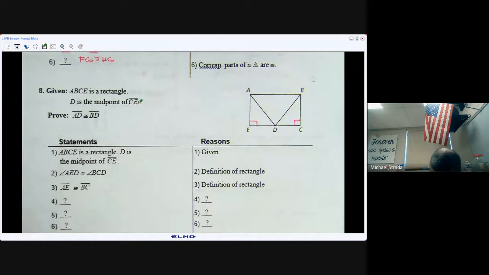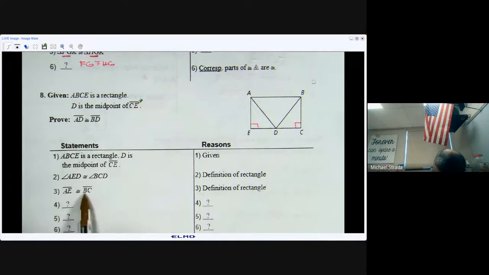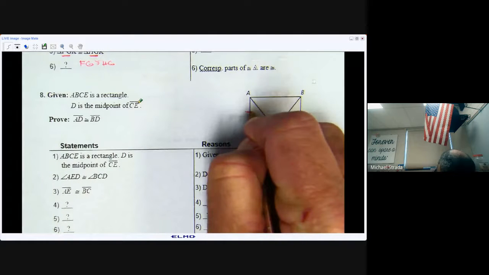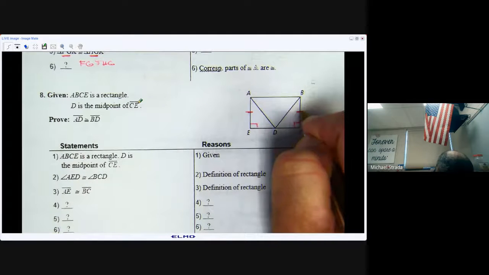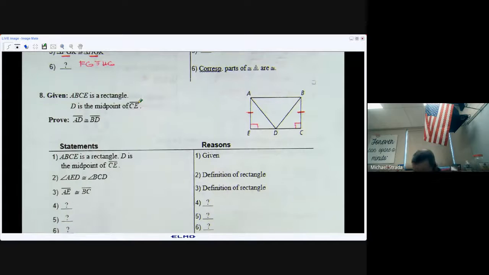That's the definition of right angle. All right. They also include AE is congruent to BC. That's actually a property of a rectangle, but when we have to worry about that in chapter 6, we'll talk about it. All right.